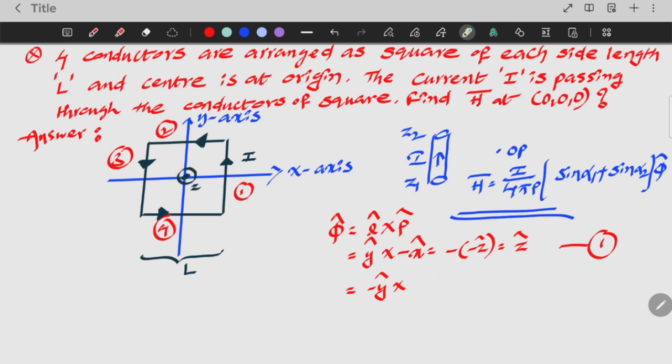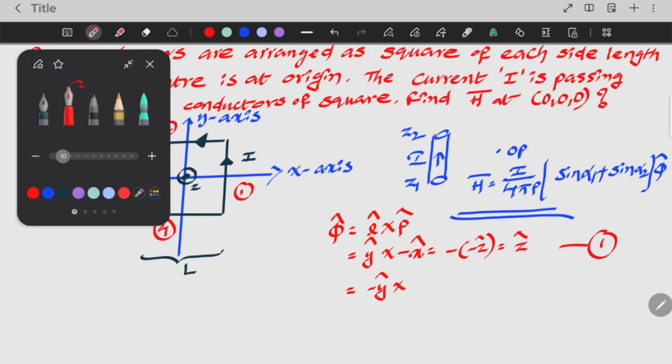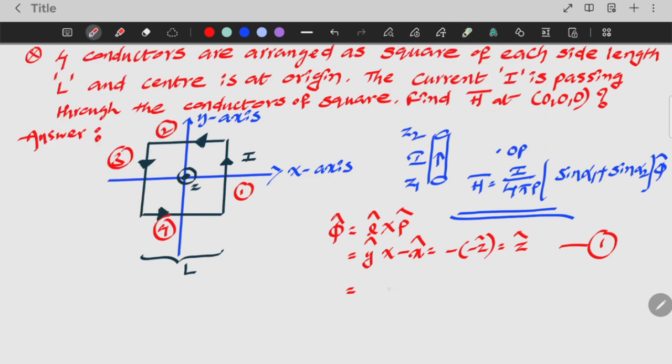Okay, so the current is traveling in the negative x direction. It is in cross product with rho cap, which is available in the negative y direction. So this will give positive z cap only. Then for the third conductor, we can take the current is passing in the negative y direction.